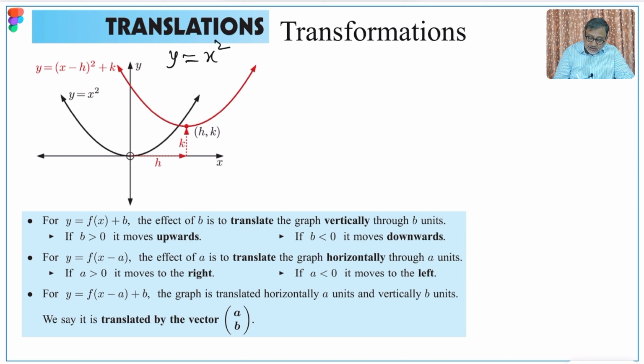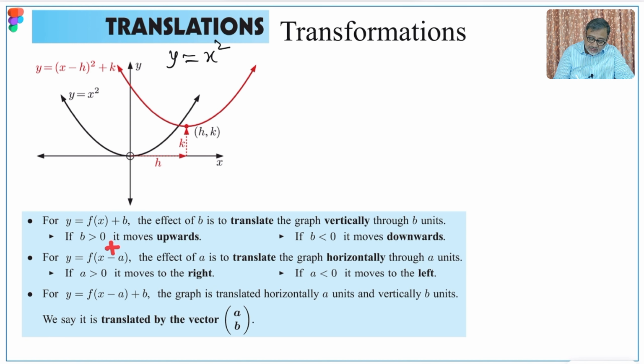Similarly, for a function y is equal to f of x minus a, when you subtract a constant from x, then when a is greater than 0, it will shift to the right. When a is less than 0, it will shift to the left. Why?